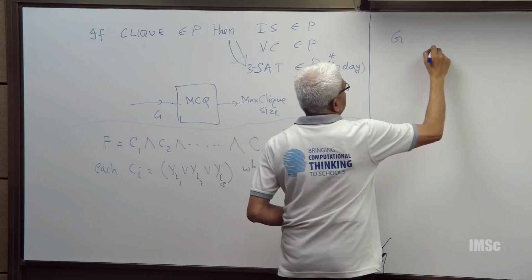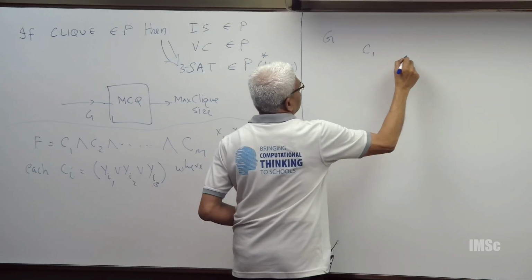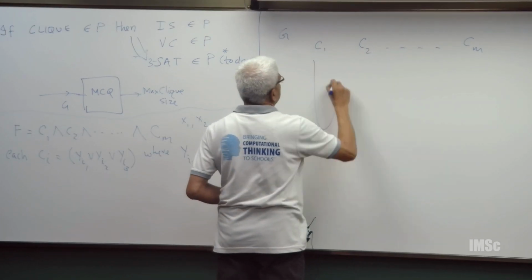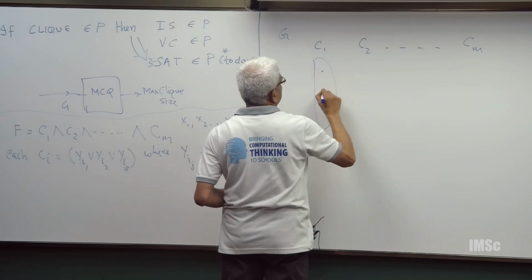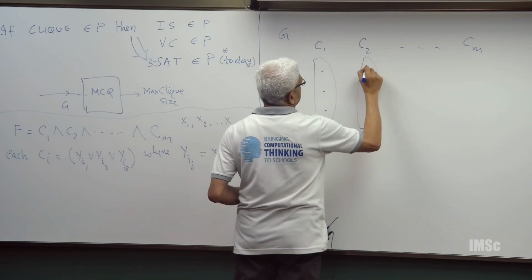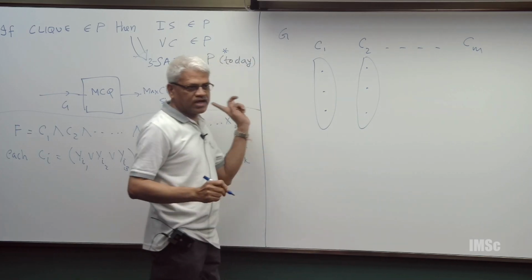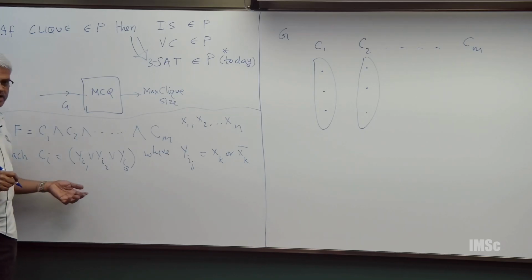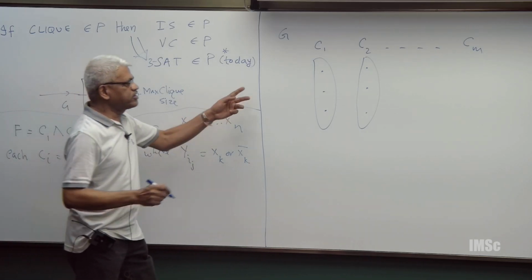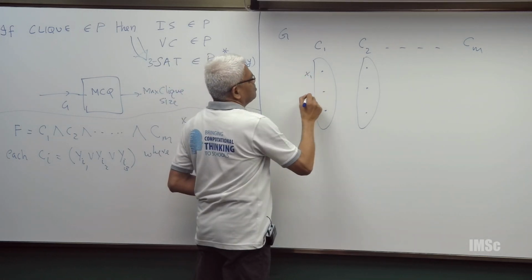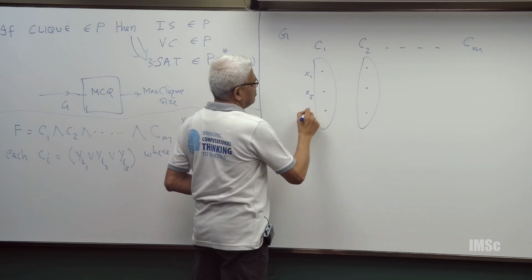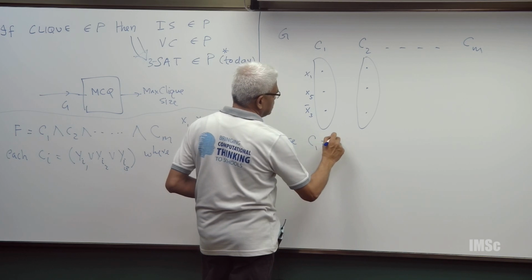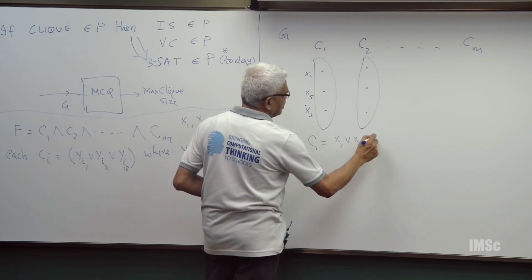It looks like this. For each clause, I am going to have 3 vertices, and each vertex represents an occurrence of a literal in the clause. So, suppose the first clause C1 is x1 or x5 or x3 bar.